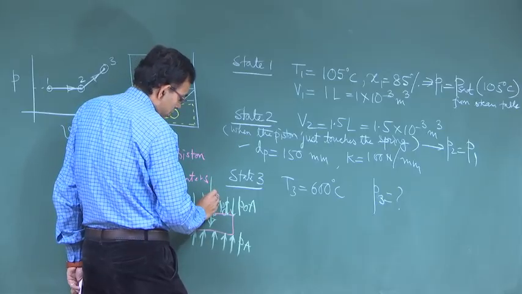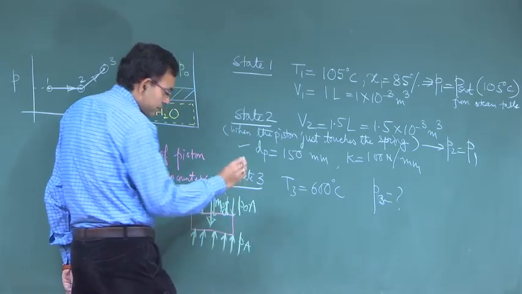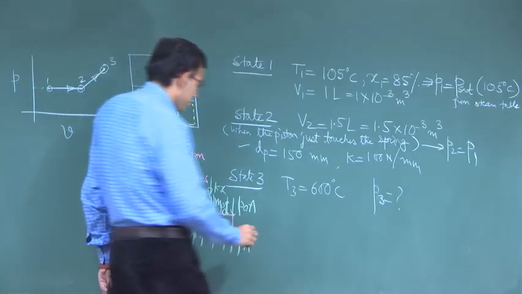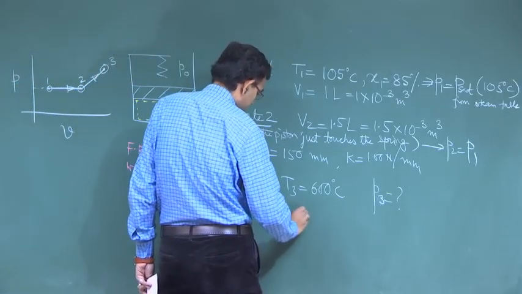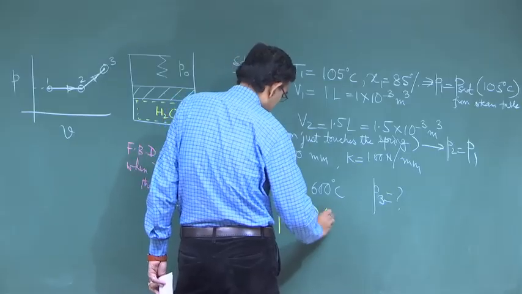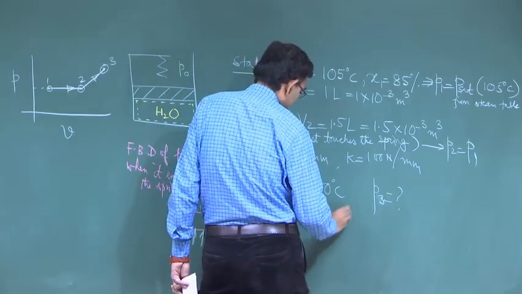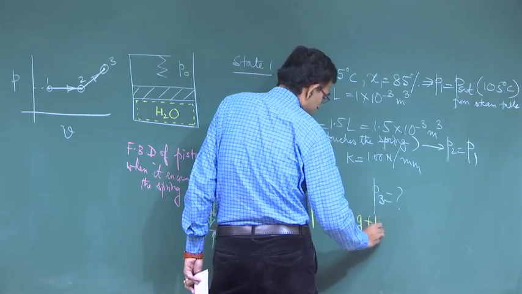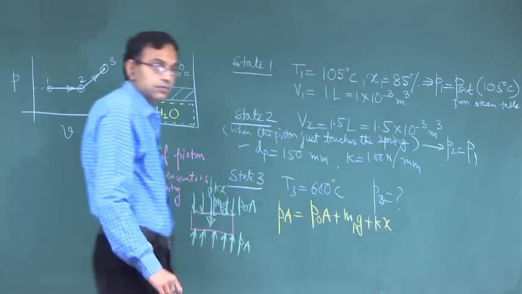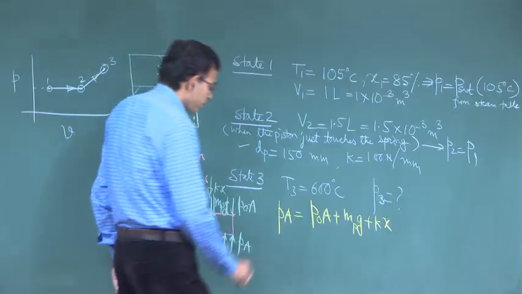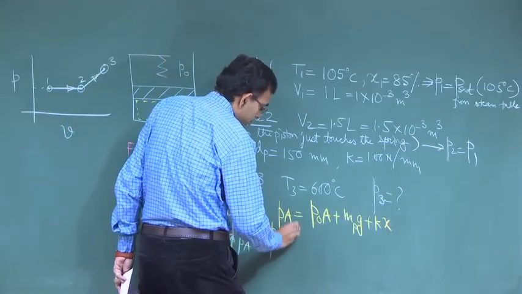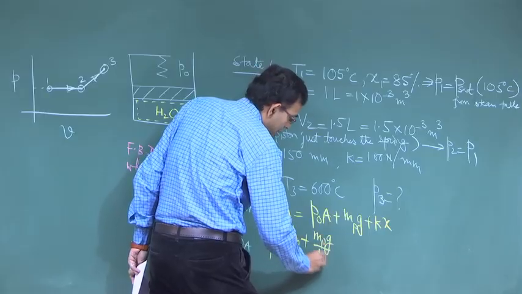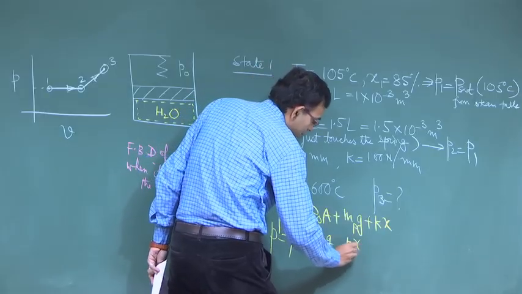So, Kx. Therefore, for equilibrium you have PA, so P is equal to P0 plus mg by A plus Kx by A.